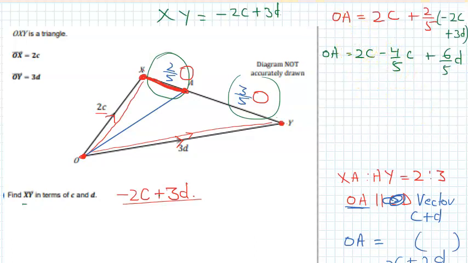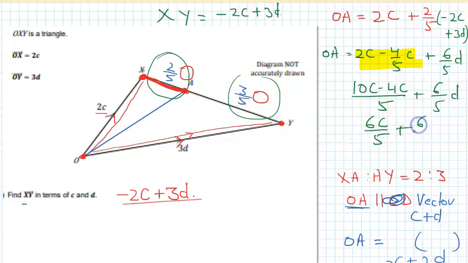Now these are the like terms. So I can solve it. 5 times 2 is 10, minus 4C over 5 plus 6/5 D. 10 minus 4 is 6C over 5 plus 6D over 5.